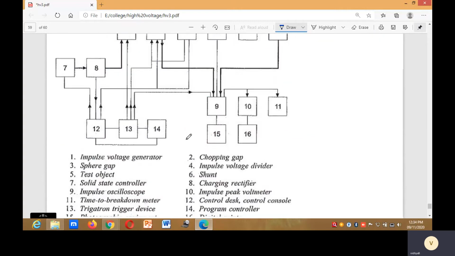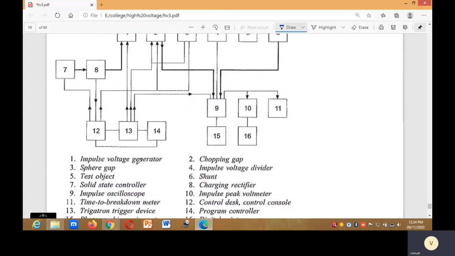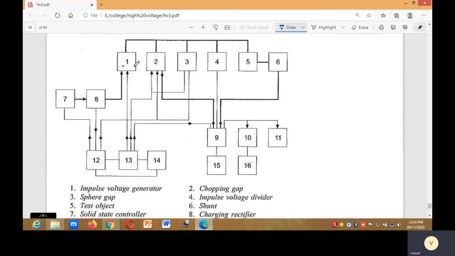Okay, this is a block diagram of an impulse voltage test system. First is the impulse voltage generator. Second is the chopping gap. Third is a sphere gap. Fourth is an impulse voltage divider. Fifth is a test object. Sixth is a shunt, and you need to observe the connections from the shunt to the solid state controller.